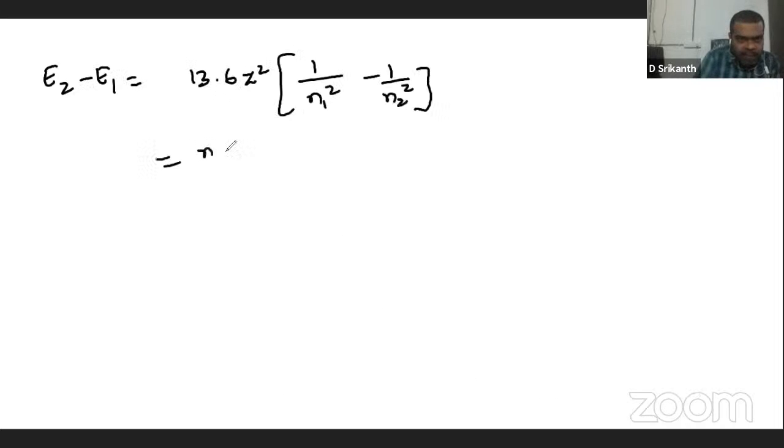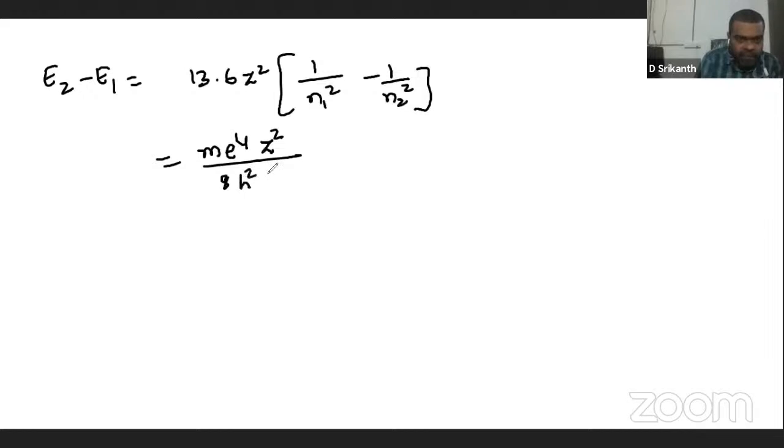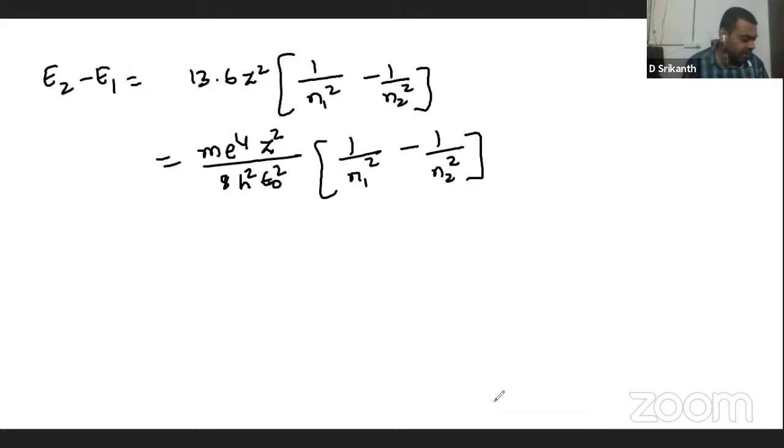That is m e power 4 into Z square by 8 h square epsilon naught square times 1 by n1 square minus 1 by n2 square. This is the change in energy.